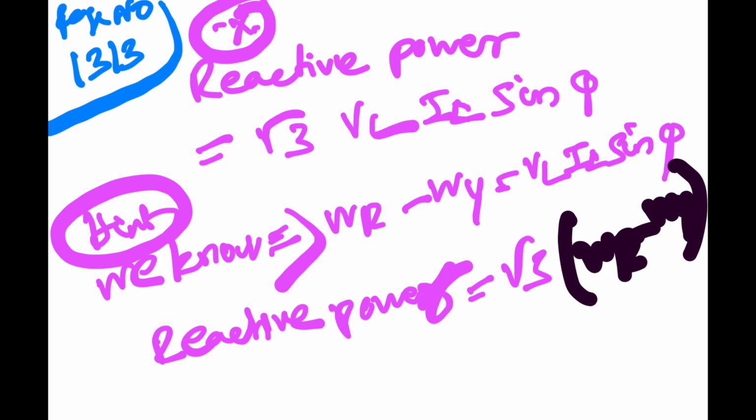Reactive power is root 3 VL IL sin phi. We know WR minus WY is VL IL sin phi, so reactive power is root 3 times (WR minus WY) in terms of wattmeter readings.